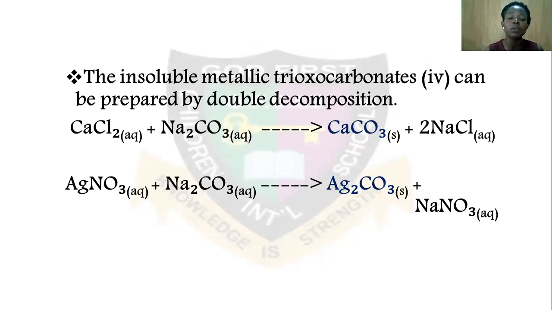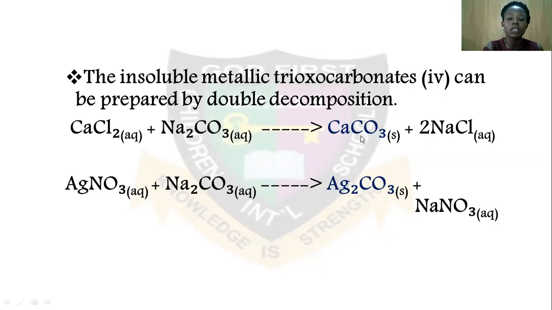What happens in double decomposition is that, for example, if you want to produce calcium carbonate 4, you react a salt of calcium, for example calcium chloride, with sodium carbonate 4. Double decomposition means that this CO3 will replace the chloride ion in the calcium chloride to give you calcium carbonate 4, and then you have sodium chloride.